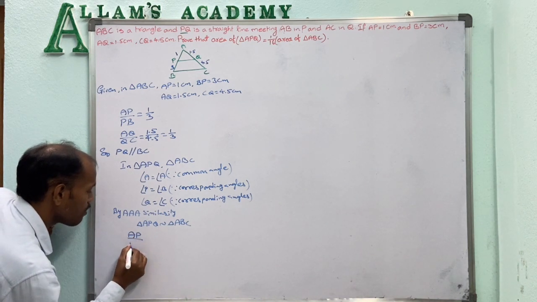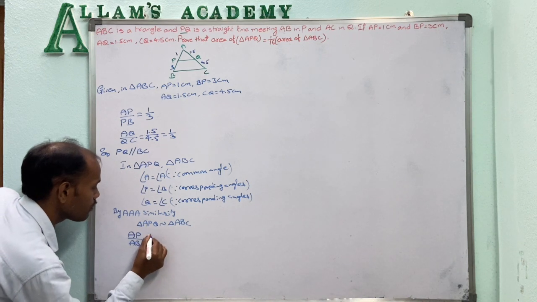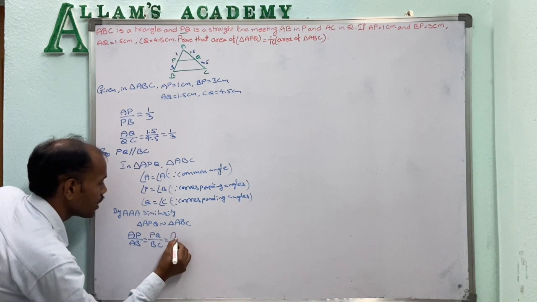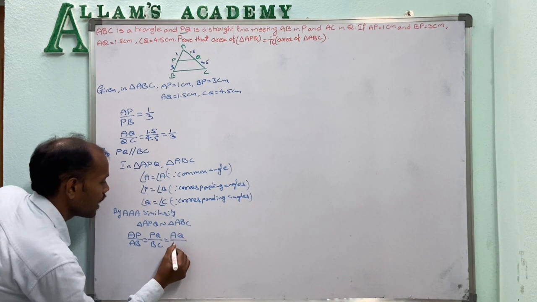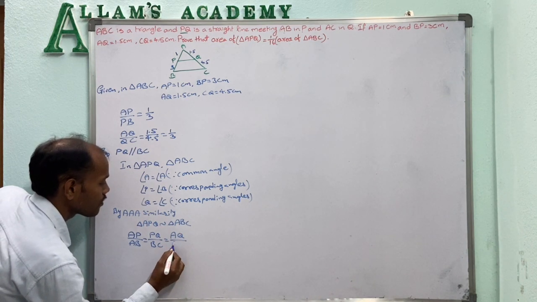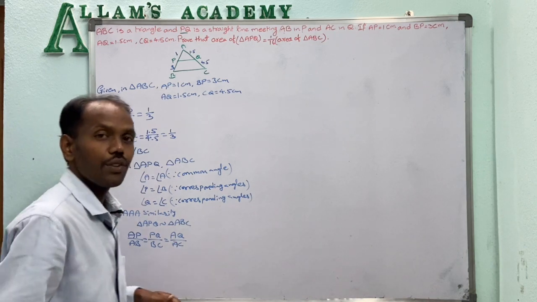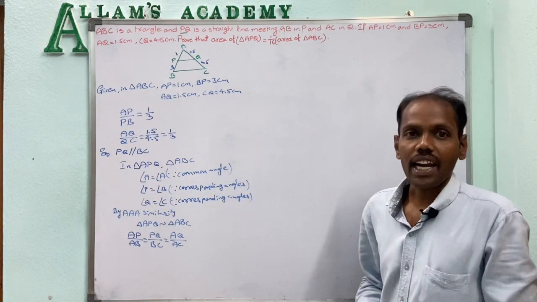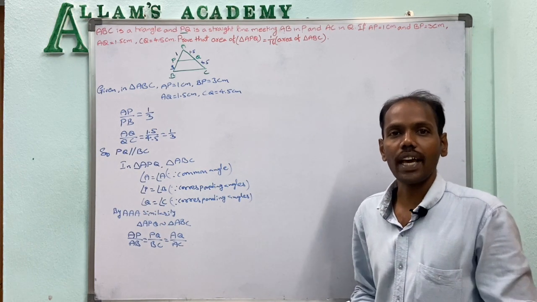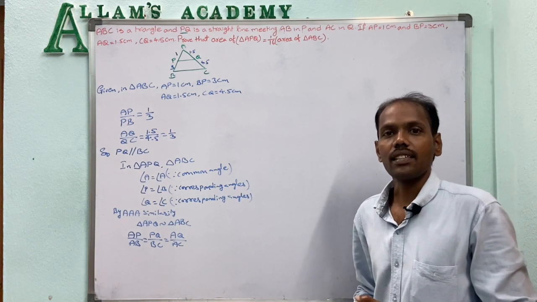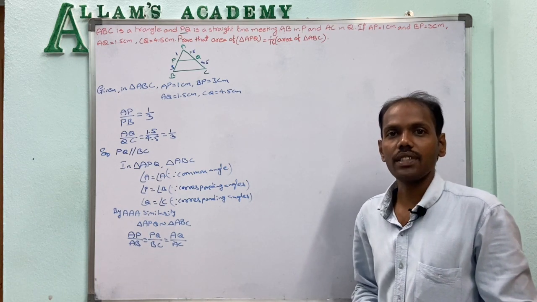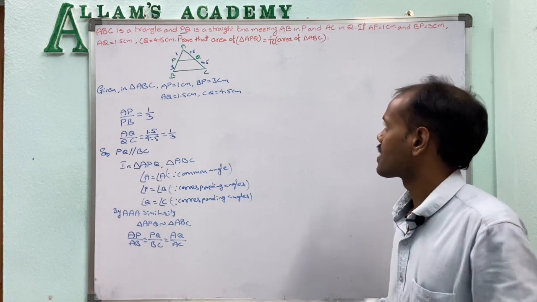So two triangles are similar, so their corresponding sides' ratios will be equal. So AP by AB equal to PQ by BC equal to AQ by AC. And if two triangles are similar, then the ratio of the areas of the two triangles is equal to the squares of the ratios of their corresponding sides.